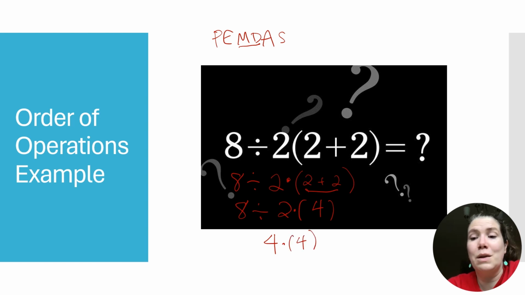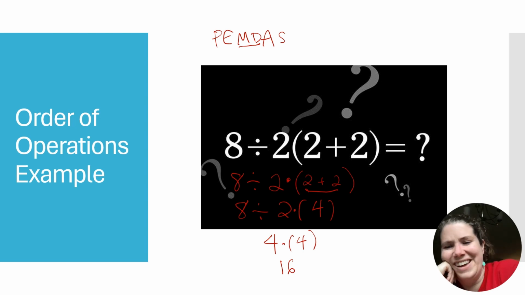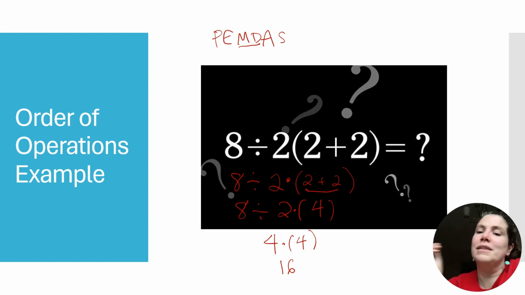Bring down the rest, and then we're going to multiply 4 times 4 to get 16. A lot of people thought the answer was 1 because, like I said, they're doing that 2 times 4 first before they did the 8 divided by 2. And obviously, as you can see, you would get a different answer when you do that. So you have to make sure you're careful as you go through PEMDAS. That multiplying and dividing left to right is the most common mistake that I see.